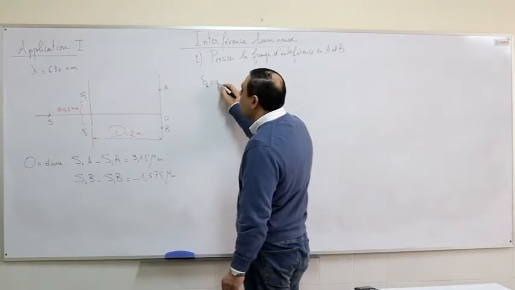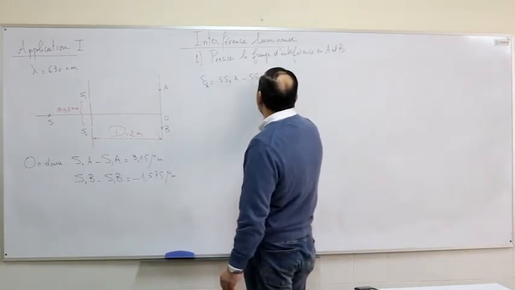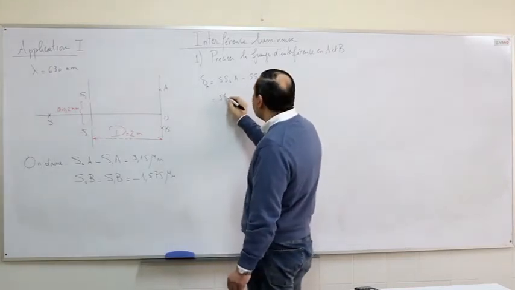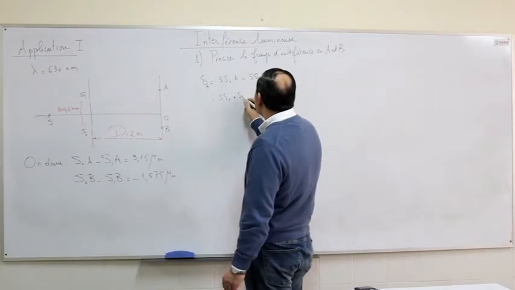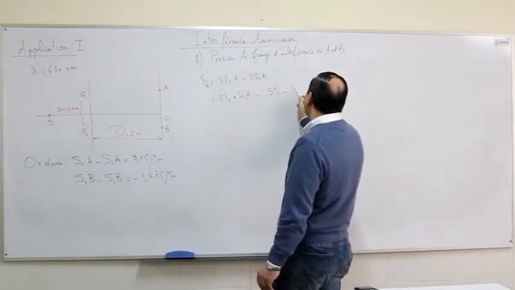For point A, delta A equals SS2A minus SS1A, which is equal to SS2 plus S2A minus SS1 minus S1A.